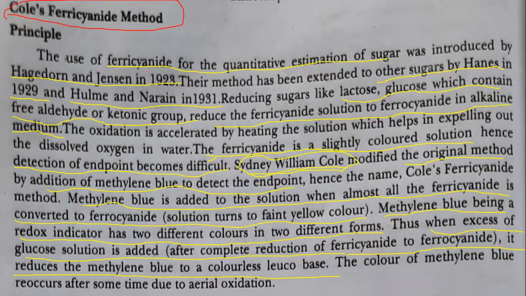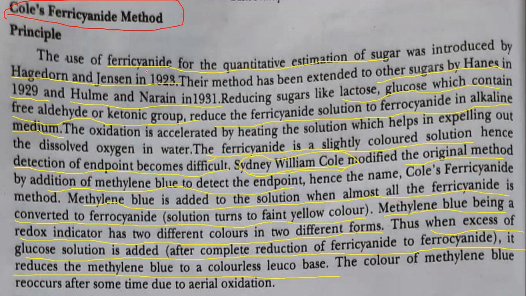The use of ferricyanide for the quantitative estimation of sugar was introduced by Hagedorn and Jensen in 1923, and the same method was extended by Hanes in 1929 and Hulme and Narayanan in 1931.